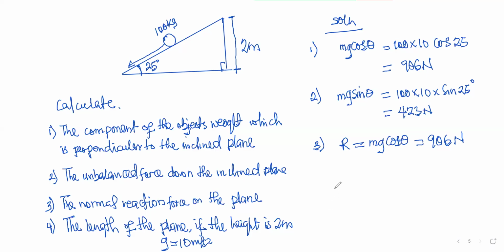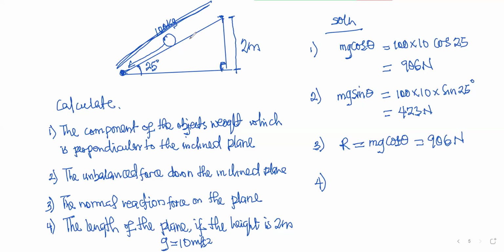Then the fourth part, the length of the plane. We are looking for the whole length of the inclined plane. What we have here is a right angle triangle.